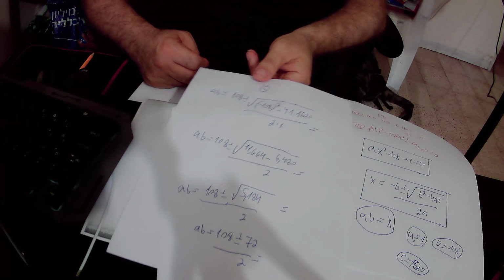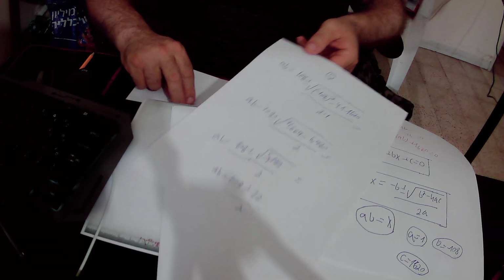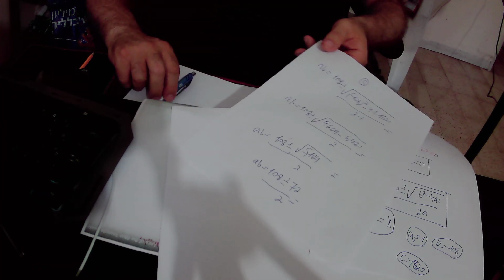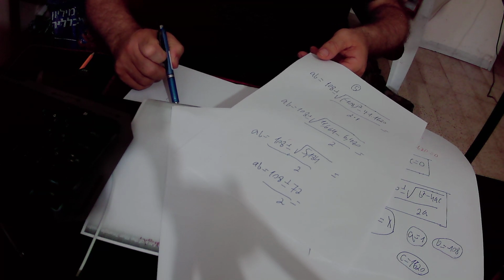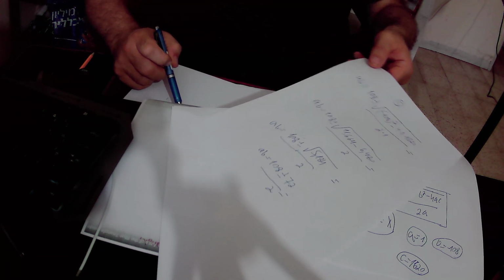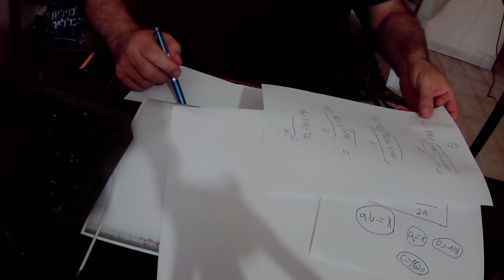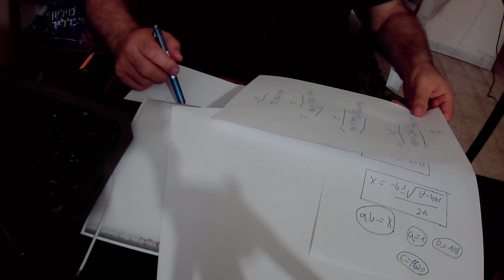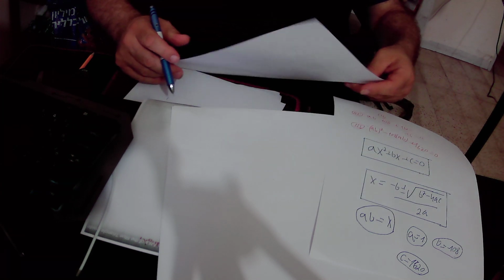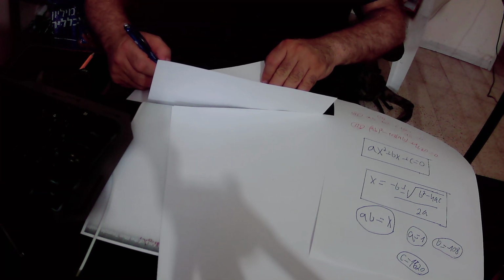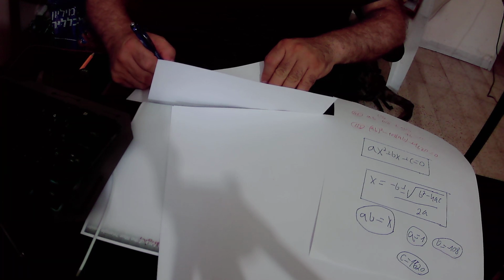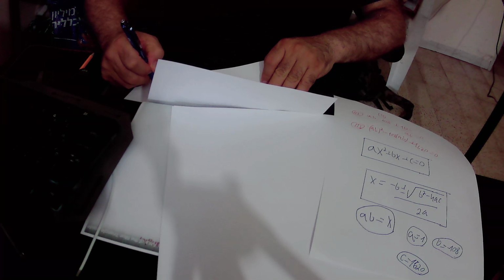So the first solution for AB will be 108 plus 72 is 180, and 180 divided by 2 equals 90.